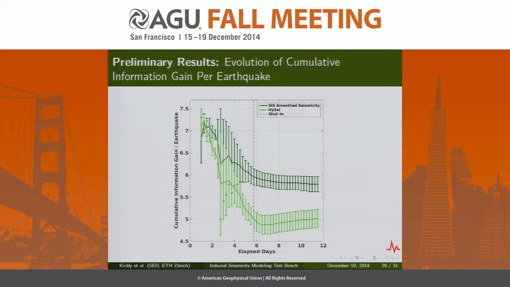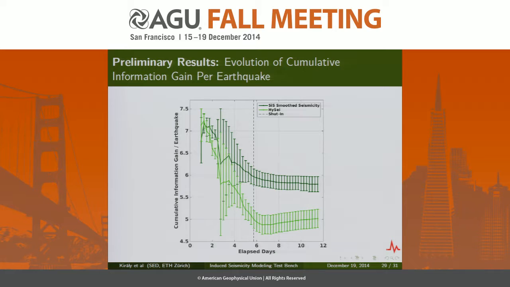If I'd like to rank the models, we'd like to see the evolution of the cumulative information gain. The reference model is the spatially uniform model. The color code is still the same, light green for high psi and dark green for the smooth seismicity model.